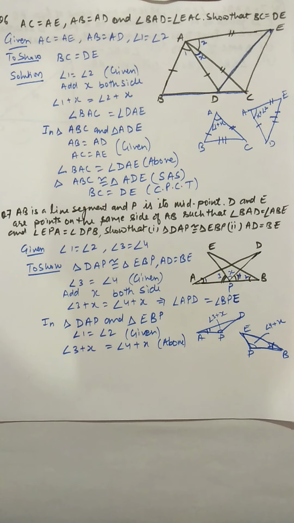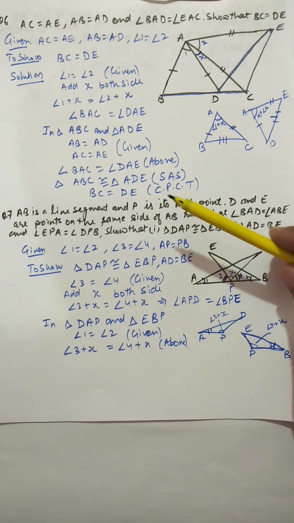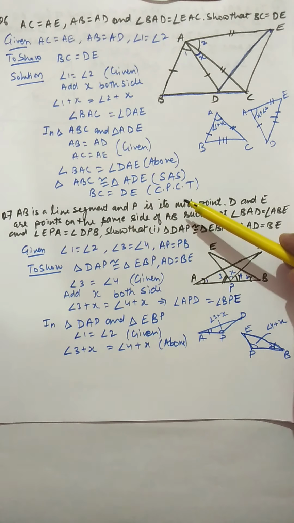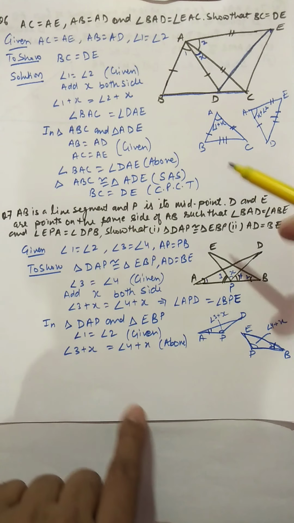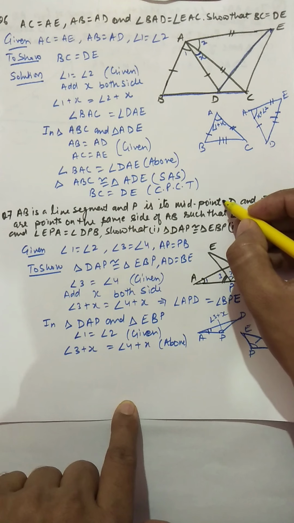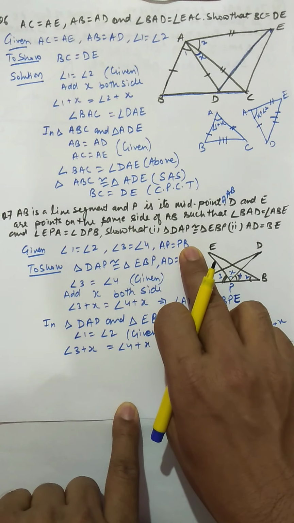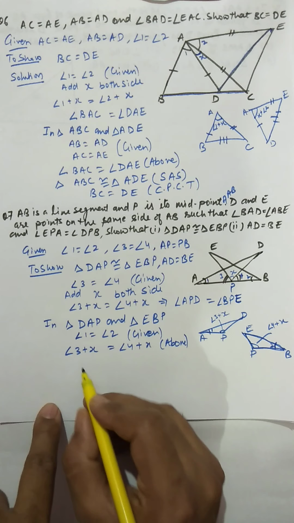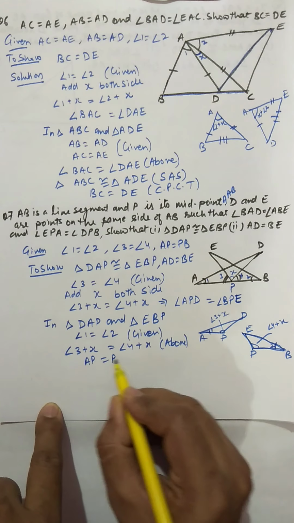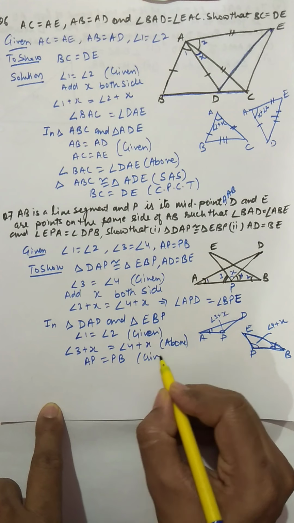You have to see what one thing you will take to show that these two triangles are congruent. One piece of information was also given to us, that P is the midpoint of AB. So you can say that AP and PB are equal. This is given to us, so we can use AP equal to PB here.